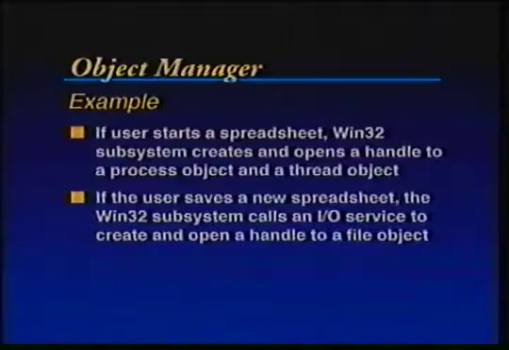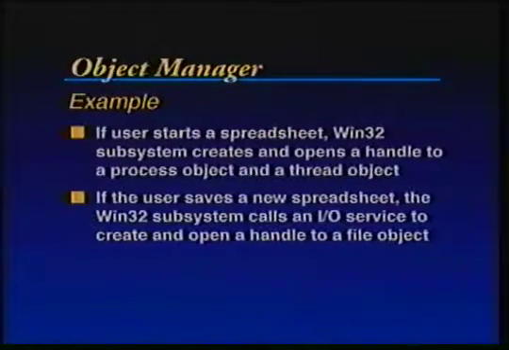Let's give some examples of that. You may want to think of, for example, a spreadsheet. When a user starts up any type of application, in this case a spreadsheet application, the Windows 32 subsystem is going to create several things. It's going to create a process object, and it's also going to create a thread object, because under Windows NT, every application creates a process, and that process has to include at least one thread.